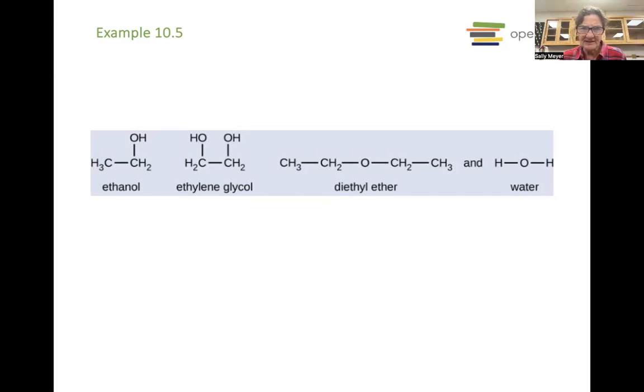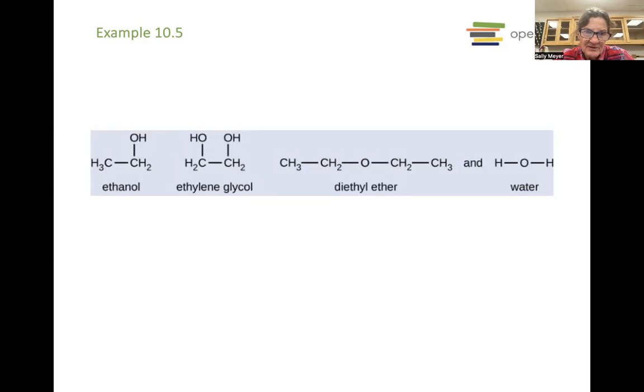So when you look at this, ethanol, ethylene glycol, and water all can hydrogen bond, but diethyl ether is a dipolar molecule, but it has a very weak dipole. If you actually were to draw this structure, you'd see that with the oxygen in the middle, it has a very weak dipole. So that should have the highest vapor pressure because it has the weakest intermolecular forces. And then we want to compare the three systems that have hydrogen bonds.